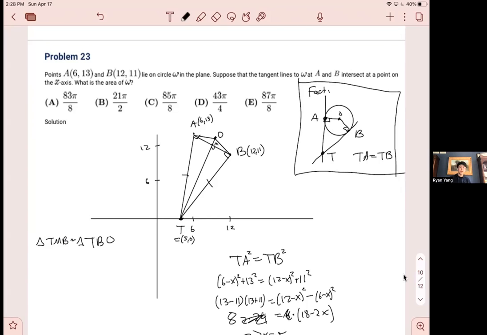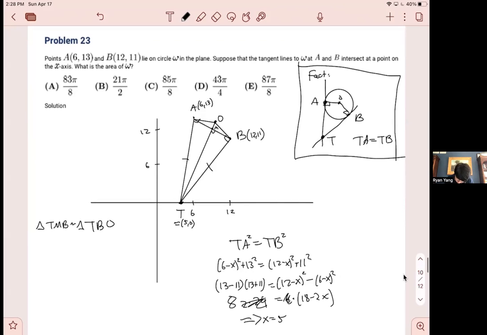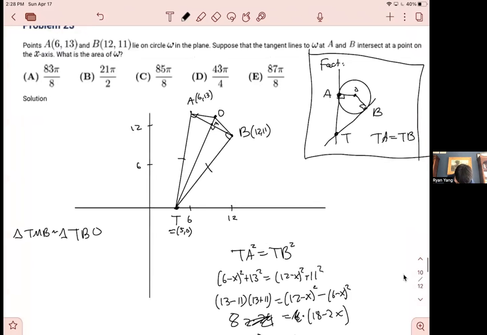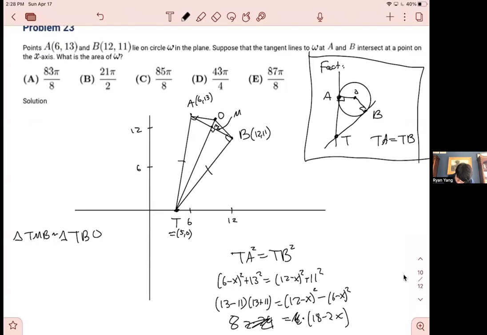This is because they both have the same vertex angle at T, and TMB has a right angle at M, and TBO has a right angle at B. Utilizing this fact, first notice that M is equal to the point (9, 12). So TM is equal to the square root of 4 squared plus 12 squared, which equals the square root of 160.